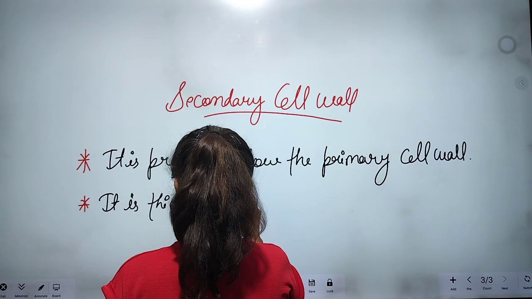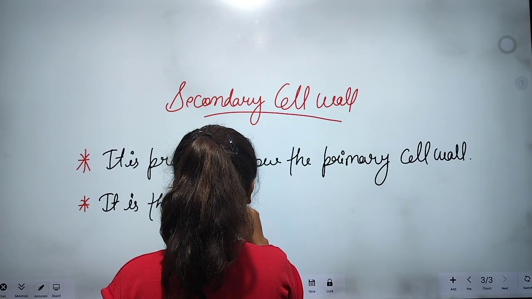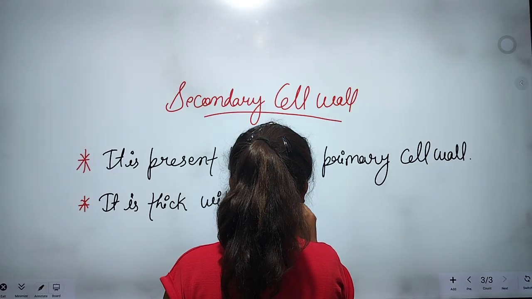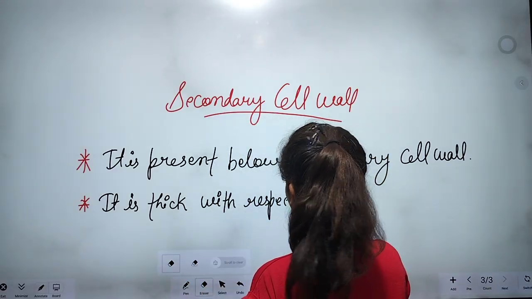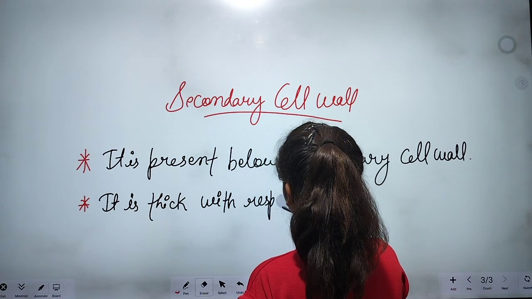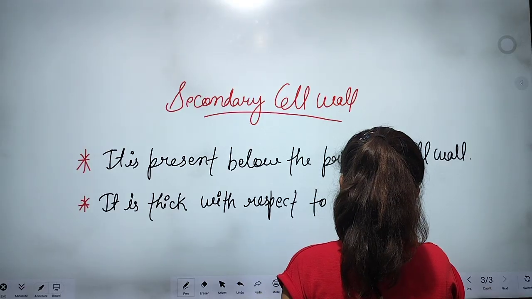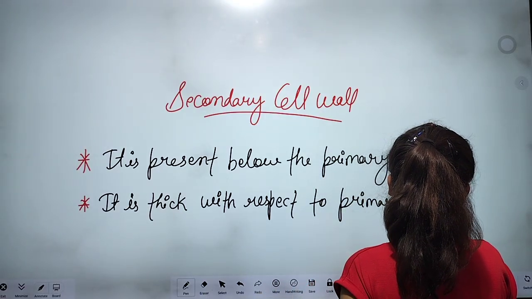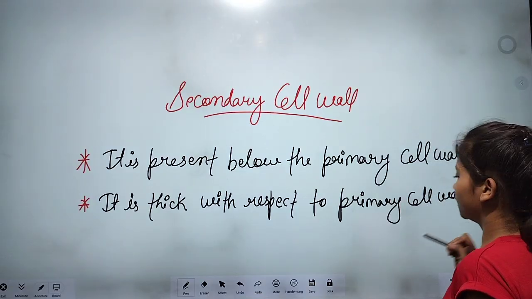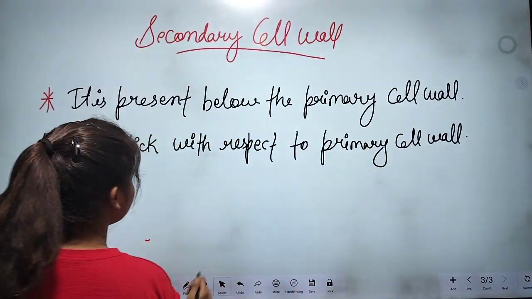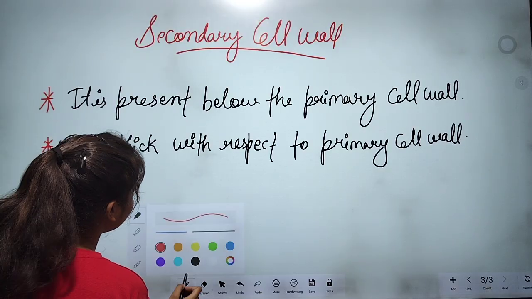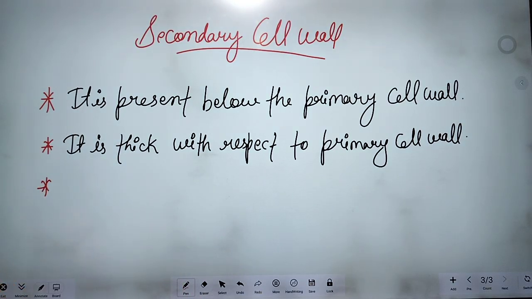The primary cell wall is thin and also elastic in nature, but the secondary cell wall is thick and not elastic.